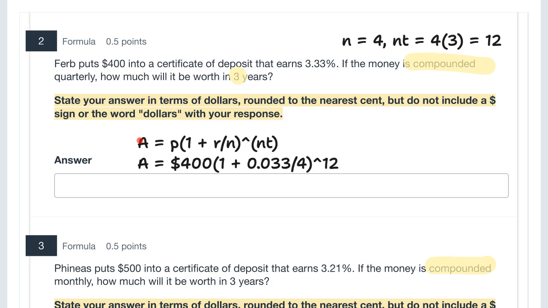So let's see, 400 times, and then I open parenthesis, 1 plus 0.033. I got an extra 3 in there, right? So 0.033. And then divide that by 4, close my parenthesis, and then make the exponent 12.